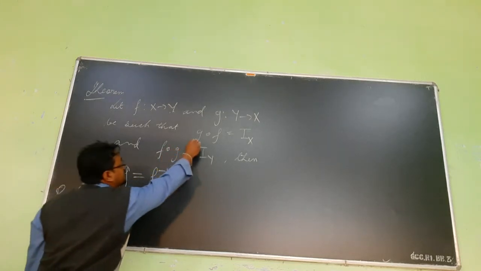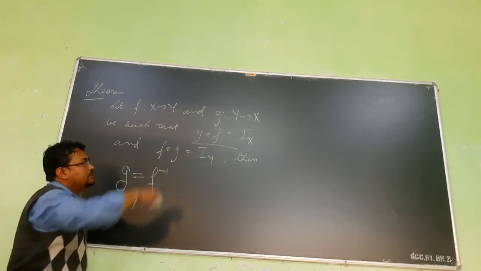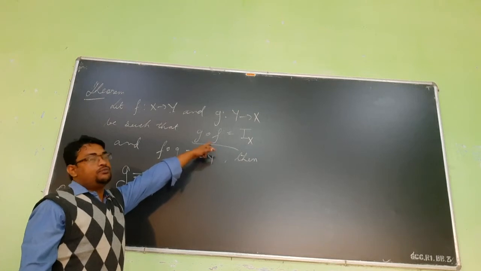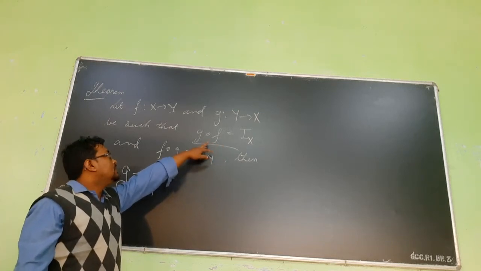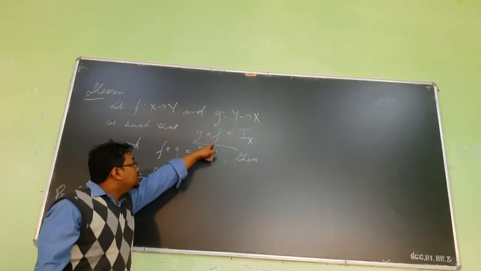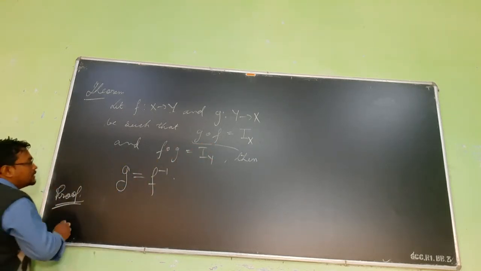How to show this? This is quite simple. See, g of f is the identity map. Identity map is always a bijection. Identity from X to X is a bijection. So if g of f is a bijection, we have already shown that if g of f is 1-1, then f is 1-1. So from there we can come to the conclusion.